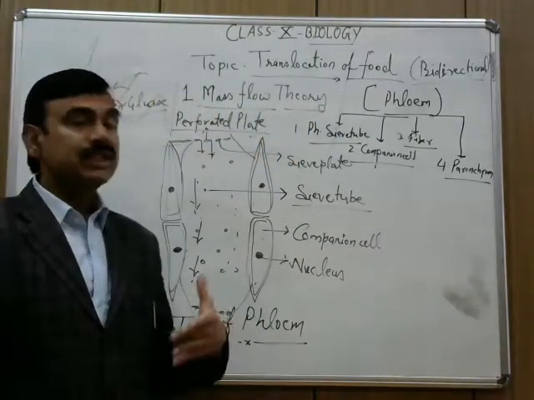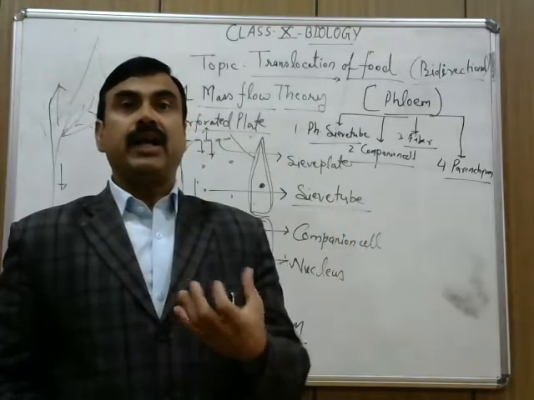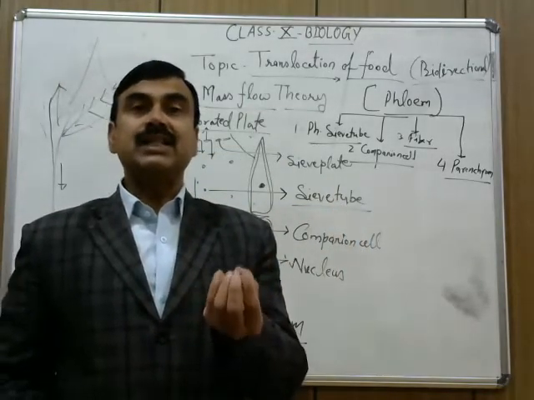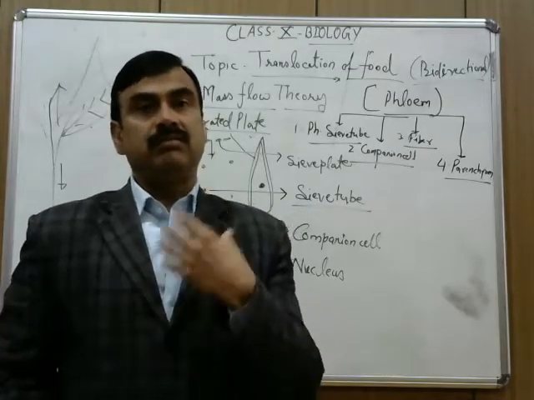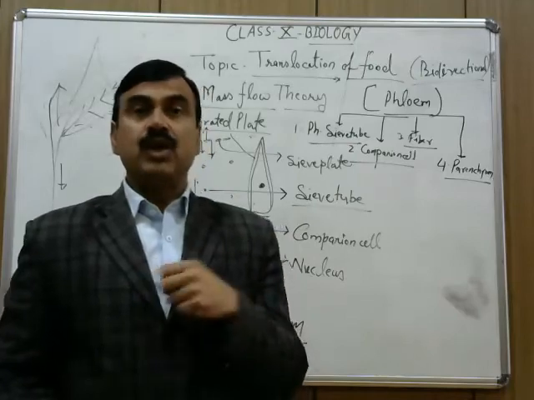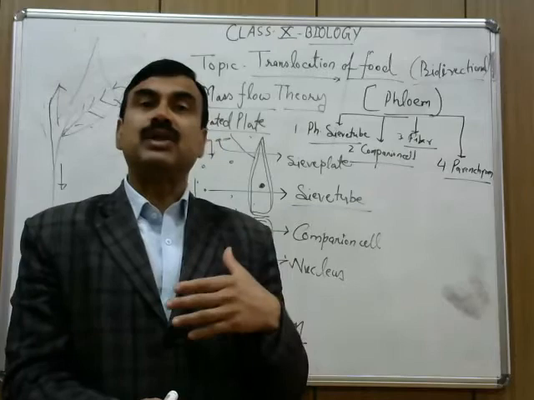So when I was explaining, I would like to take you back to the absorption of water. I did explain the transpiration pull theory, cohesive and adhesive force theory, and root pressure, osmotic pressure theory.